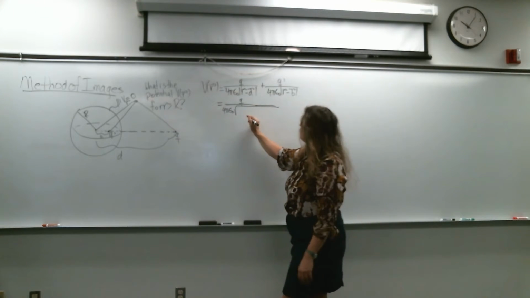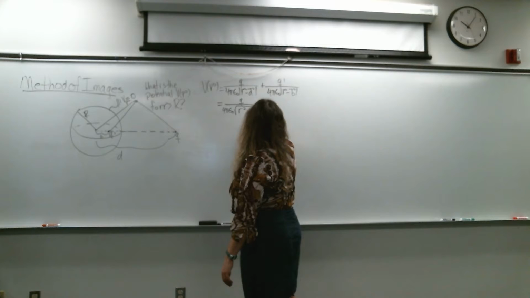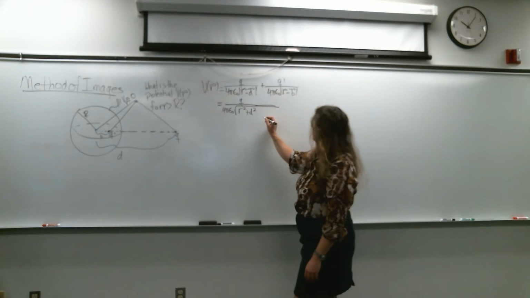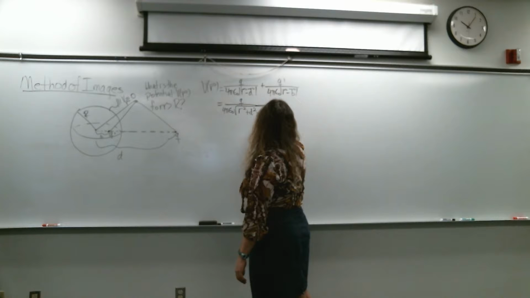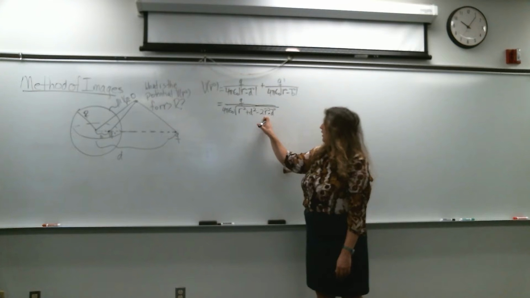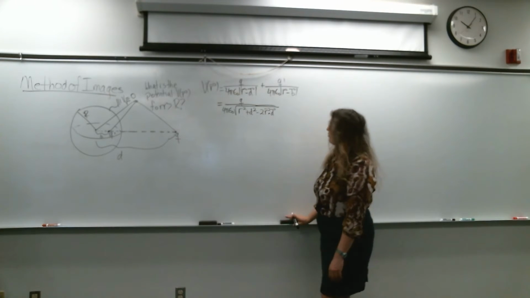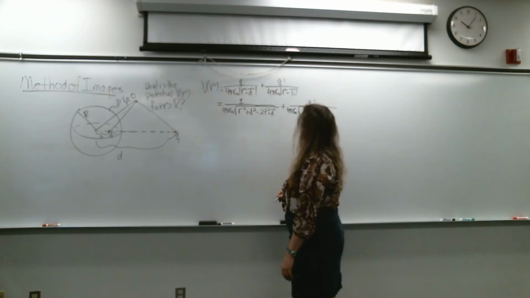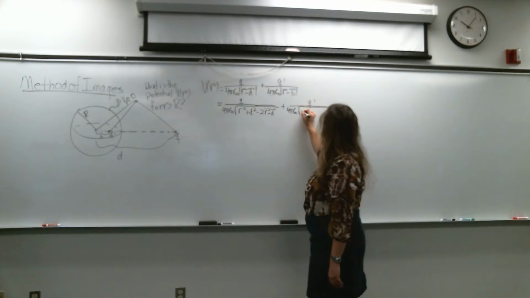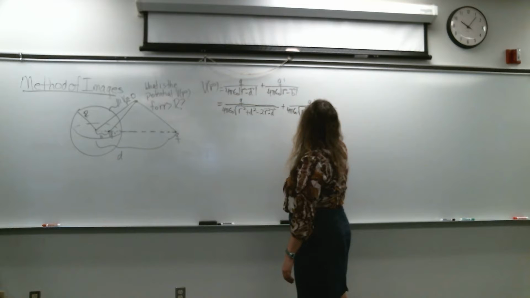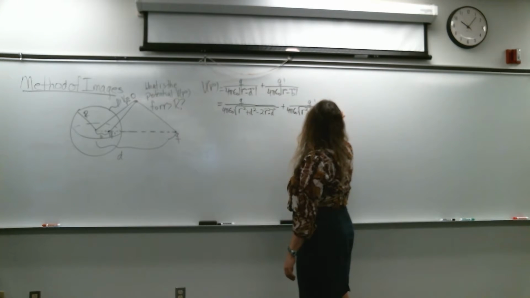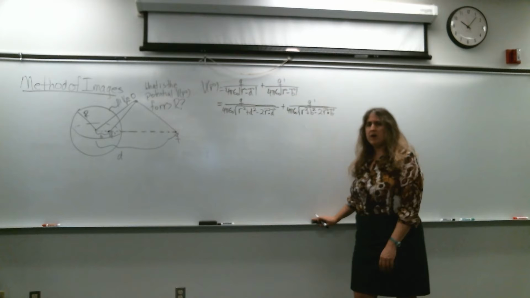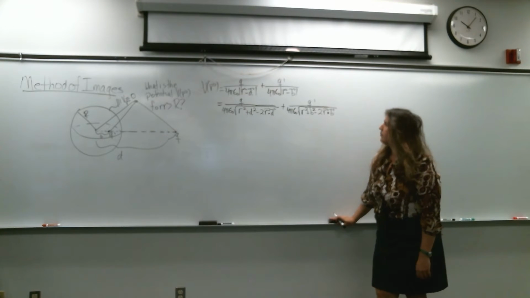First term we'll have r squared plus d squared minus 2 times the dot product of r and d, plus q prime over 4 pi epsilon naught, r squared plus b squared minus 2 times the dot product of r and b.